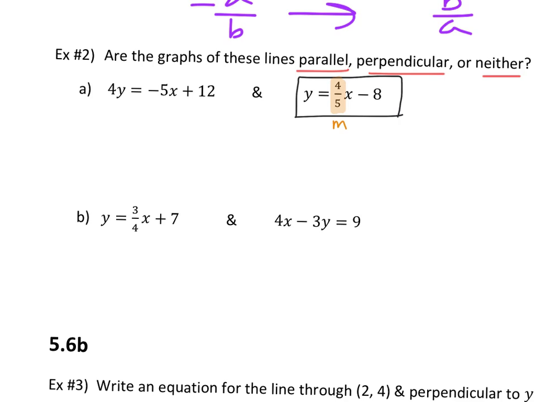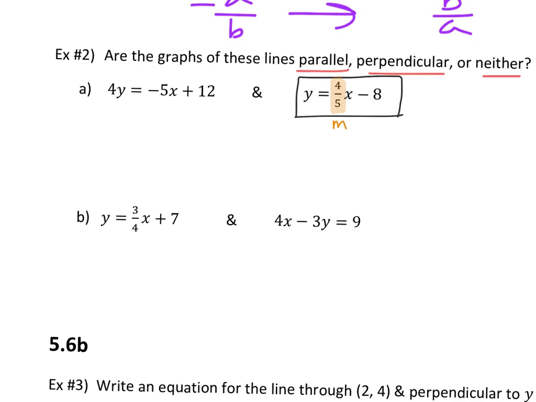We need to get y by itself. So we're going to divide by what to get y alone? Divide by 4.